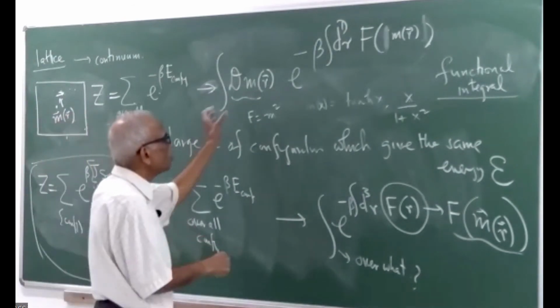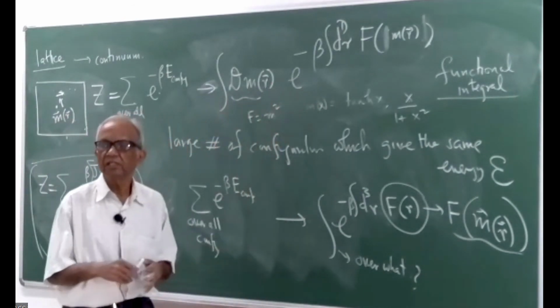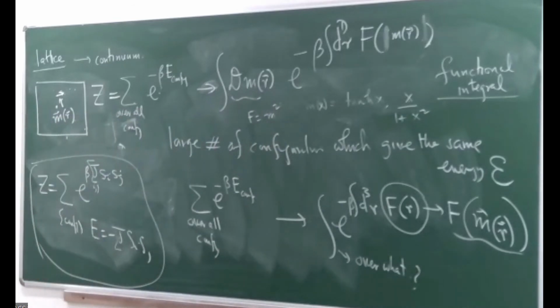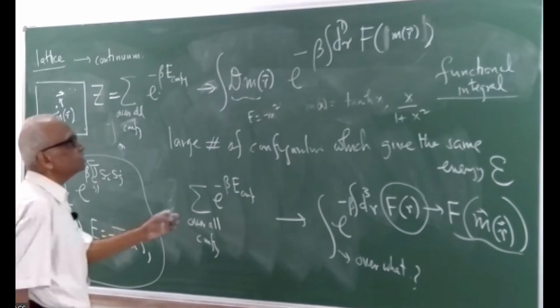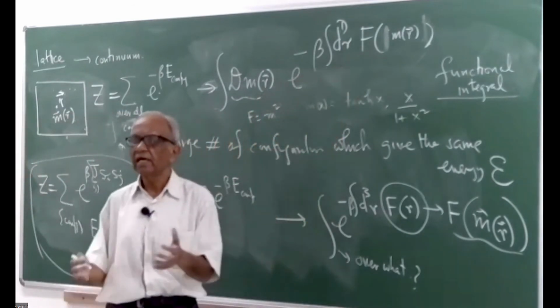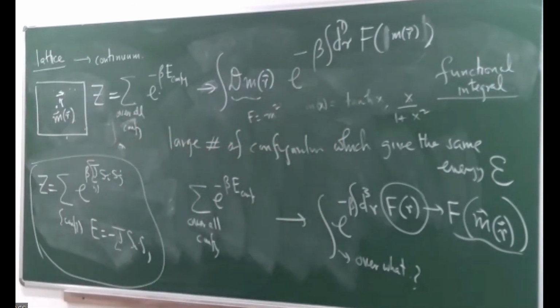Obviously, for convergence of these integrals, there would have to be constraints on what this f of m(r) can be doing at large values of m, and so on and so forth.